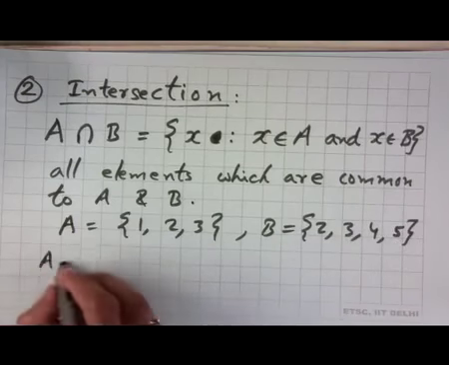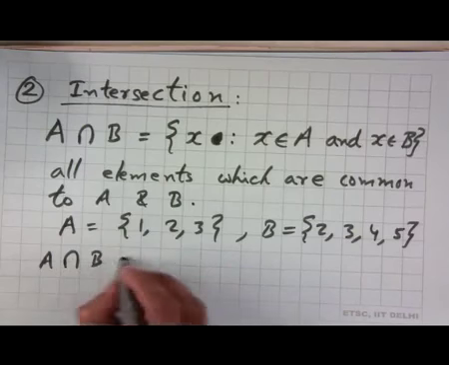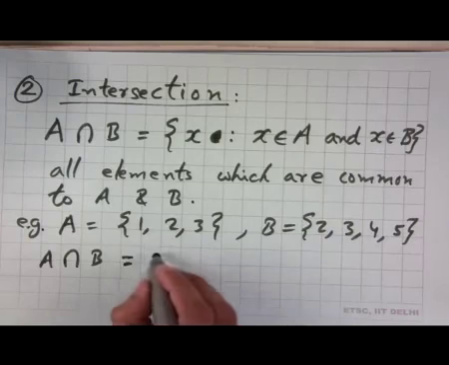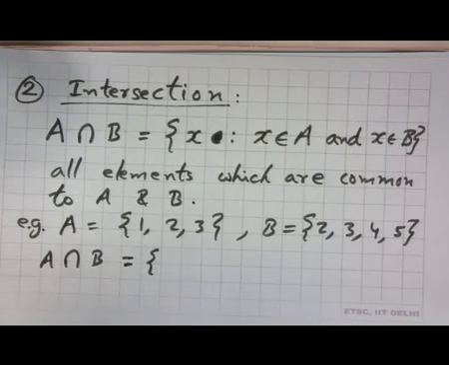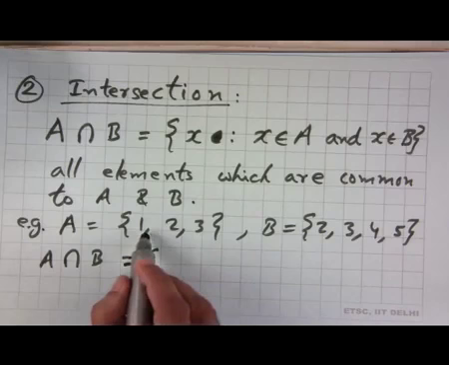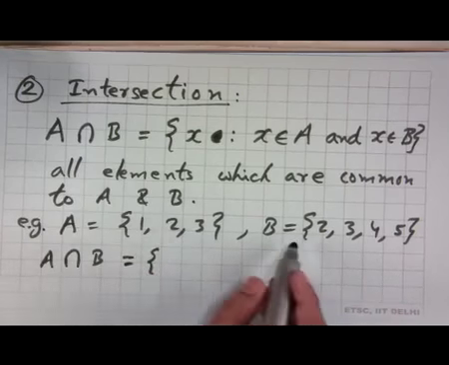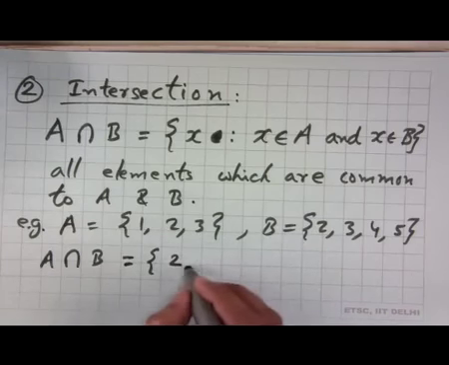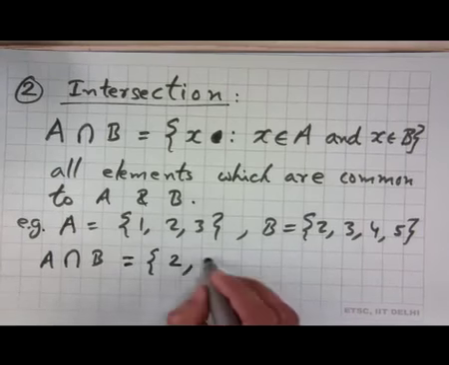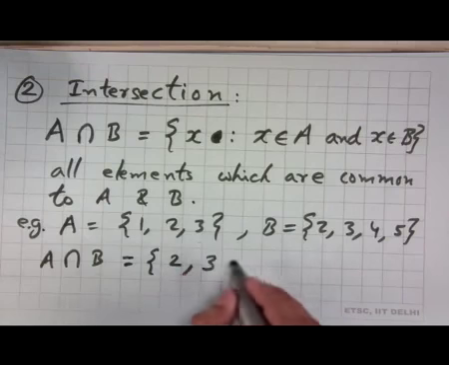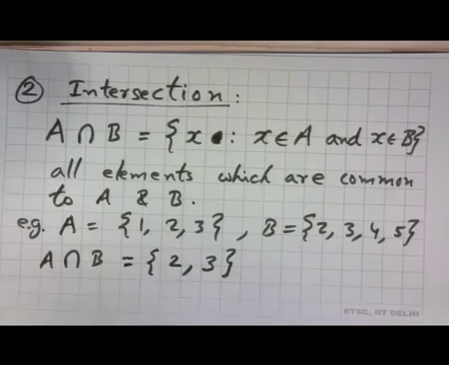When we write A intersection B, we look at all the elements which are in both A and B. 1 is in A, but not in B. So, 1 is not in A intersection B, 2 is in both A and B. So, 2 is in the intersection, 3 is again in both A and B. So, 3 is also in the intersection, then 4 and 5 are not in A. So, A intersection B consists of only these two elements 2 and 3.